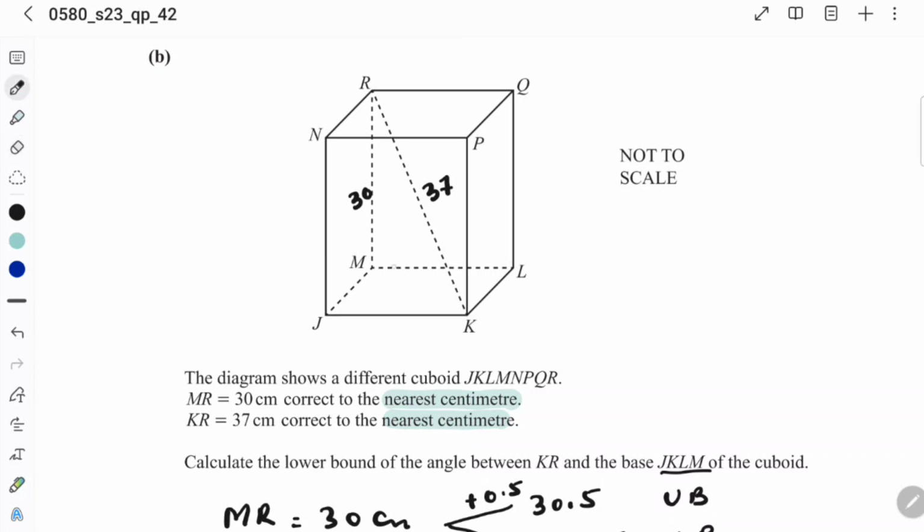I'm going to draw this line. So here this angle is 90 degrees and this angle is required. So we are just considering this triangle, which is a right angle triangle here, and it's a lower bound question.